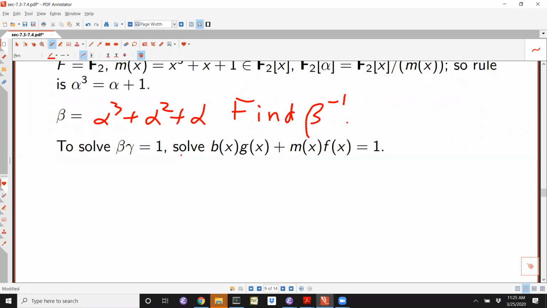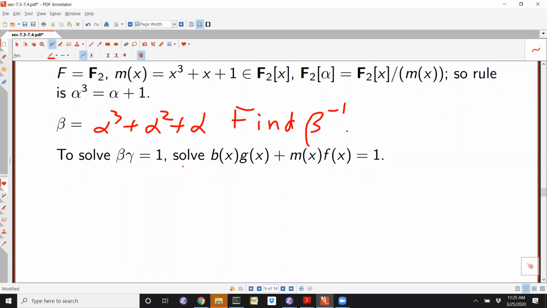So I want to find the GCD of, and our b of x is going to be x cubed plus x squared plus x.